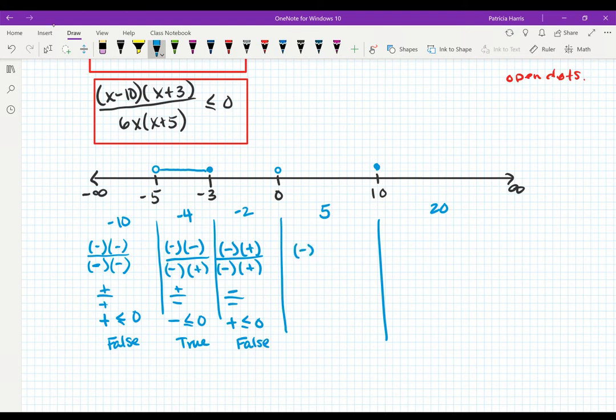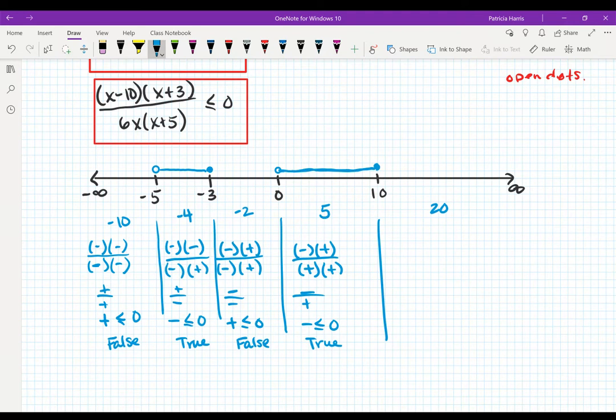Let's plug in our 5. And again, I'm just doing this in my head, just checking the signs. Okay, so that's a negative divided by a positive. True.